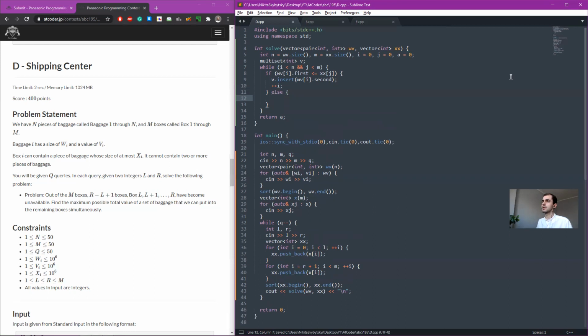Else, we can't add more. Oh, I'm going to need this condition. Else, yeah, but this actually checks for the box value.